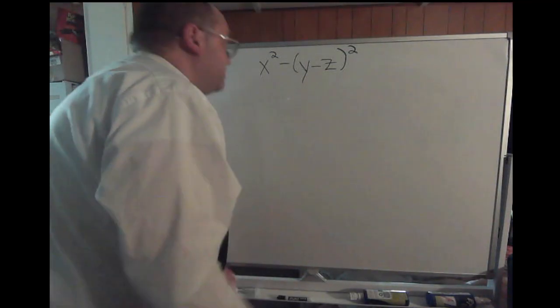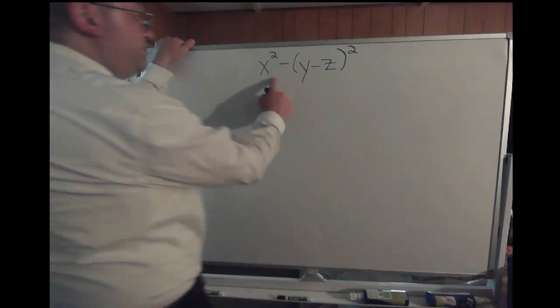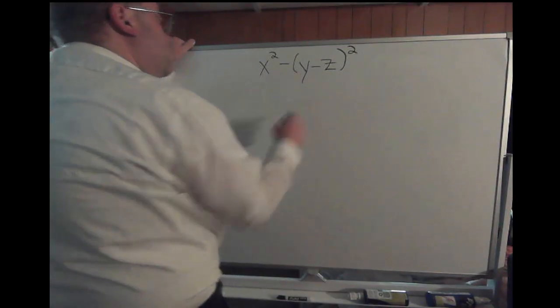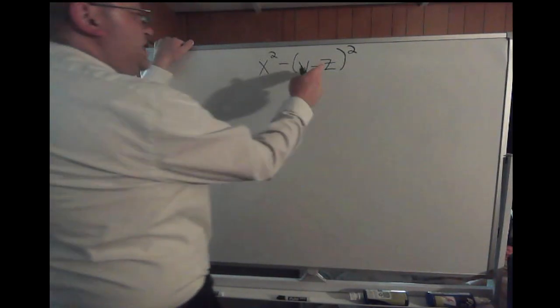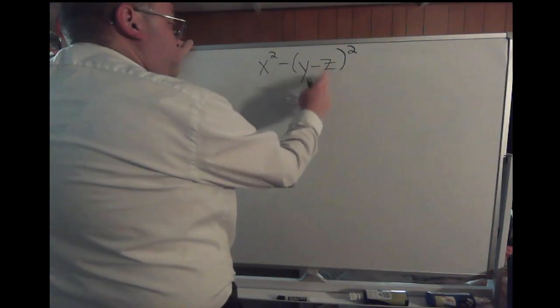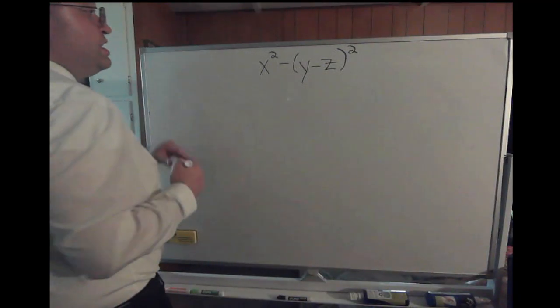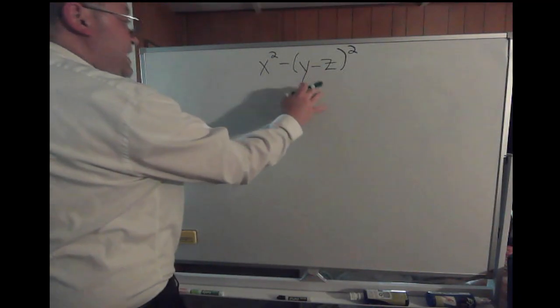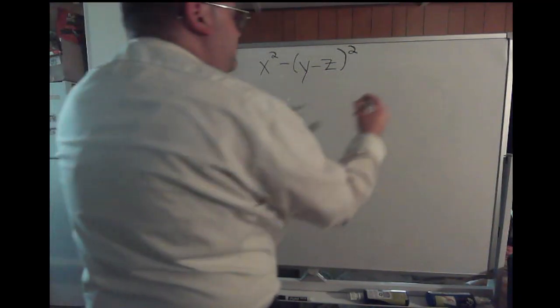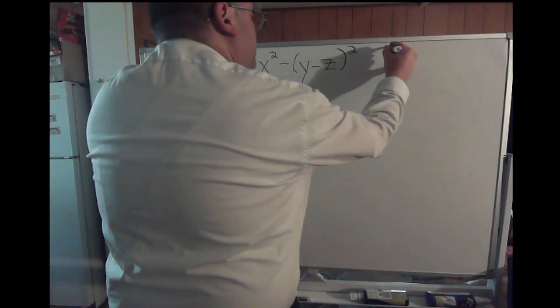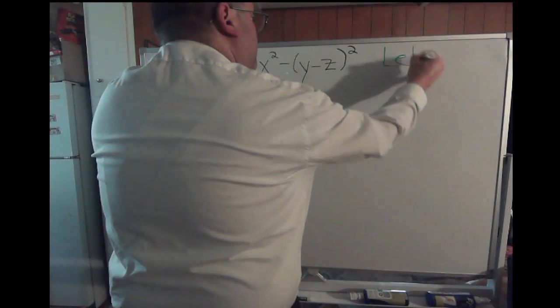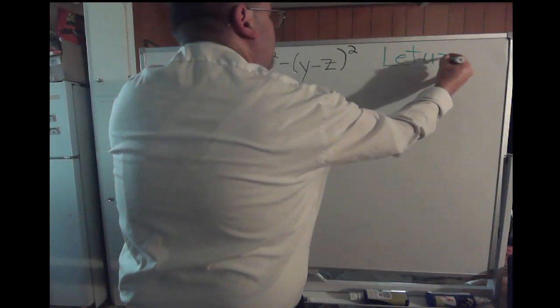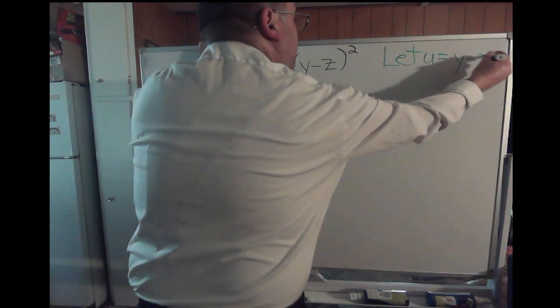And we start out here with a difference of two squares. Only the second square is a polynomial. Whenever you have that, let me show you the simplest way you can do this. You can use a let u equal y minus z.